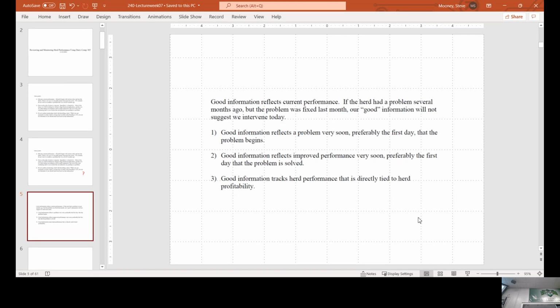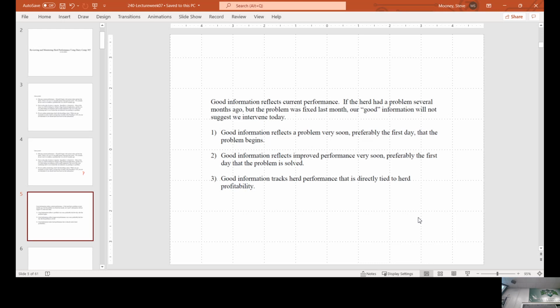So it talks a little bit about the theoretical nature of what we're trying to do. We're looking for things that give us an answer or bring out a problem as soon as it could happen, preferably the first day that a problem begins.